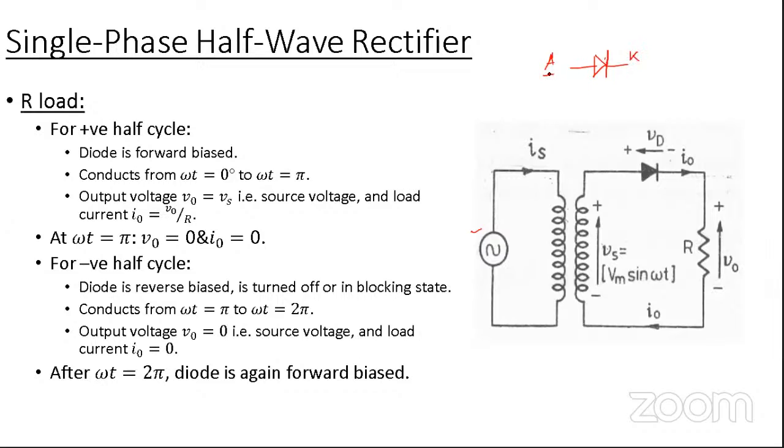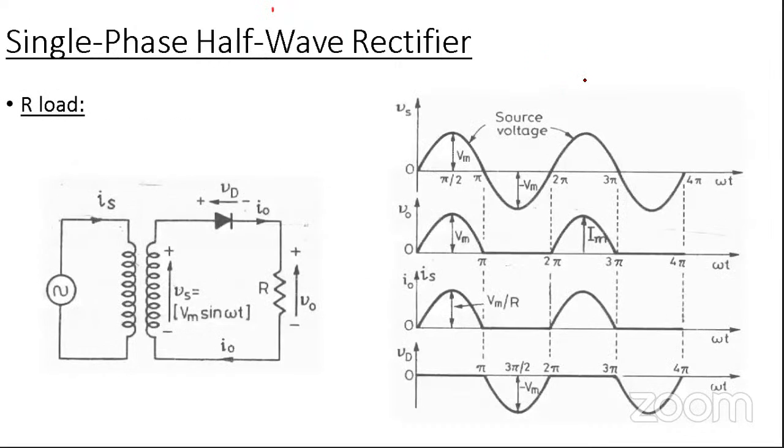When the anode with respect to the cathode is positive, during this condition the diode will be in forward bias mode, or you can say the diode is on. So the anode potential should be higher than the cathode potential. It may be that the cathode potential is minus 2 volt and the anode potential is 0 volt, then this diode will be in forward bias.